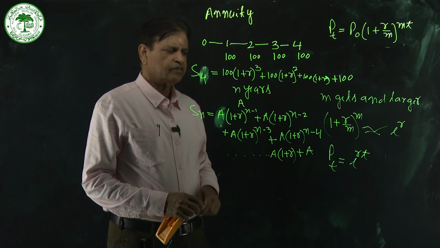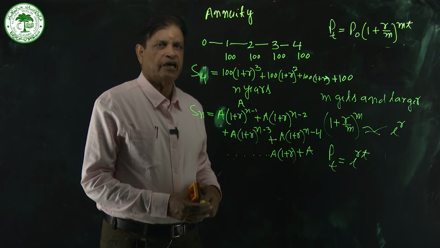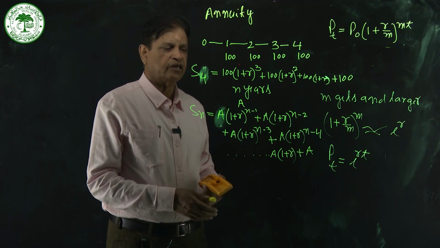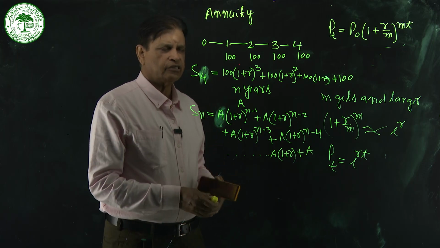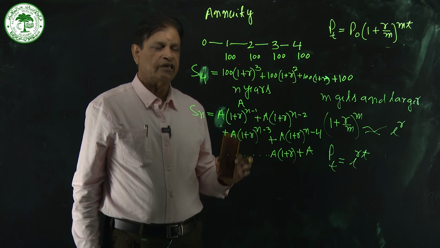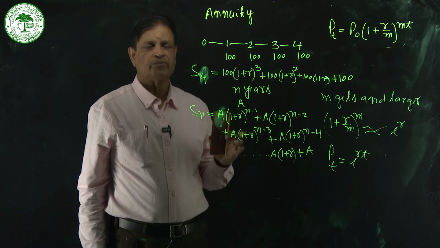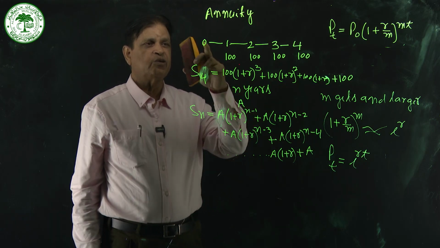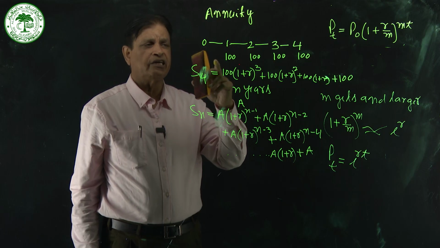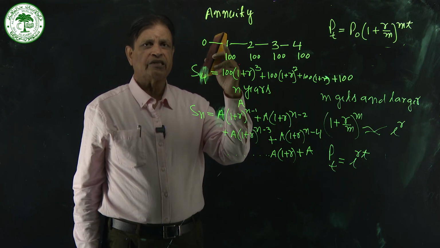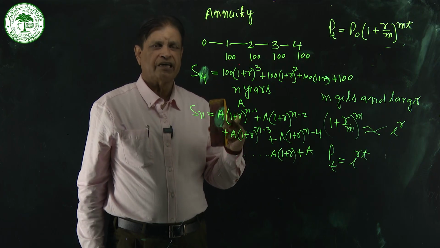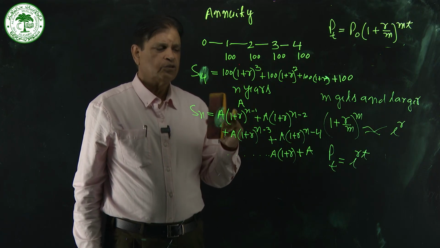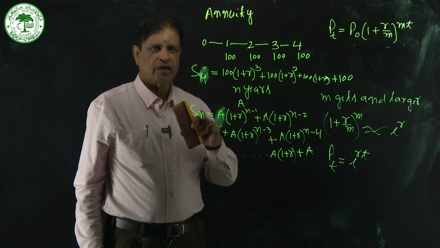So this is Sn, or the sum of an annuity for n years, where an equal amount is deposited at the end of each year. Now remember, the amount is not deposited at the beginning of the year, rather it is deposited at the end of each year. So the amount A is deposited at the end of each year, and this amount is equal for all the years.